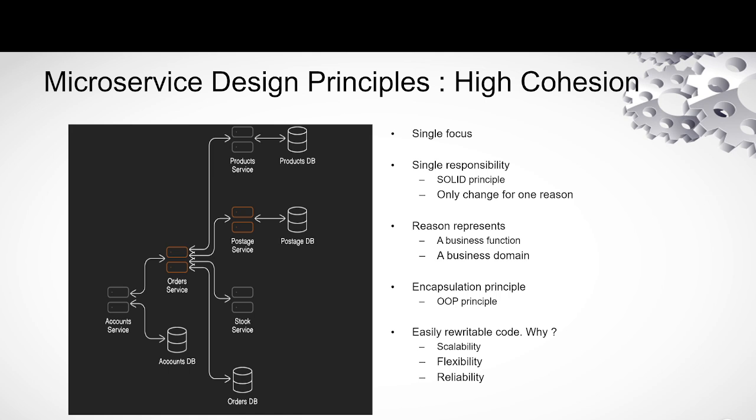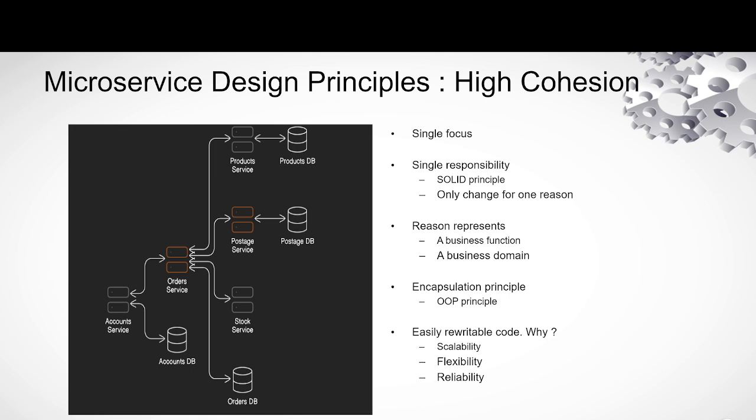It is a useful principle because it allows us to control the size of the service, and we will not accidentally create a monolithic service by attaching other, unrelated behavior to the microservice. In the diagram, our postage service, for example, only has one reason to change. It only changes if something to do with the postage calculation or postage logic changes.